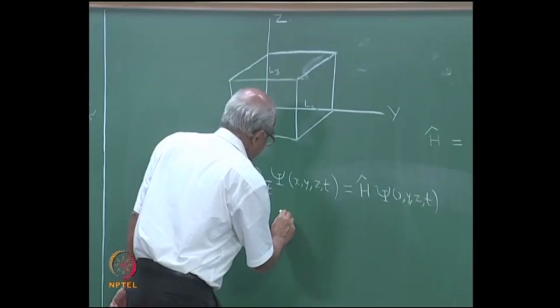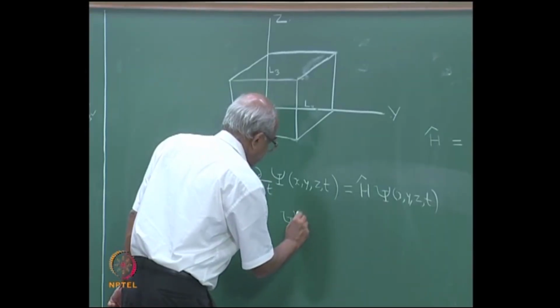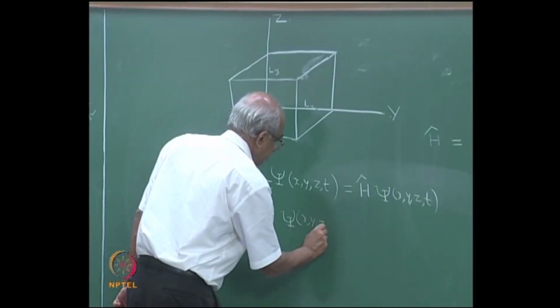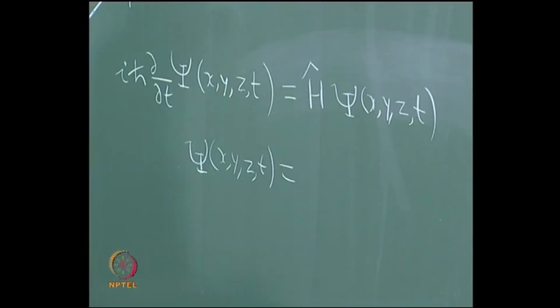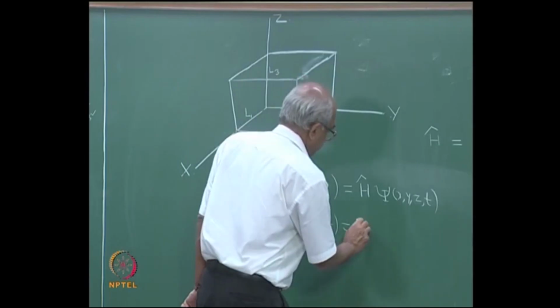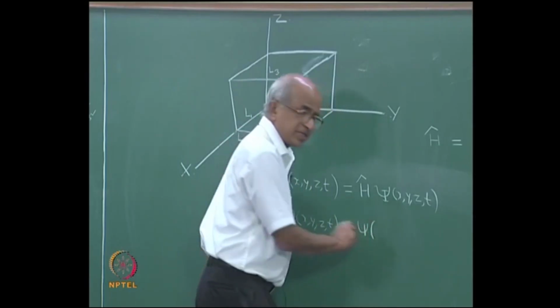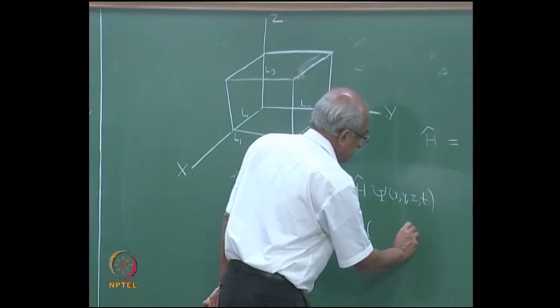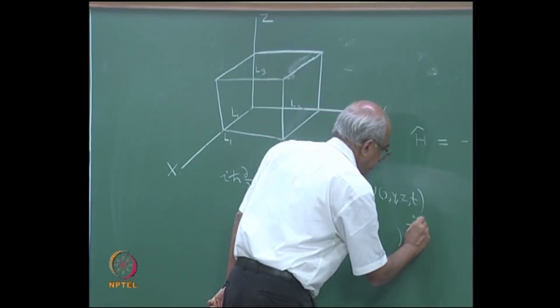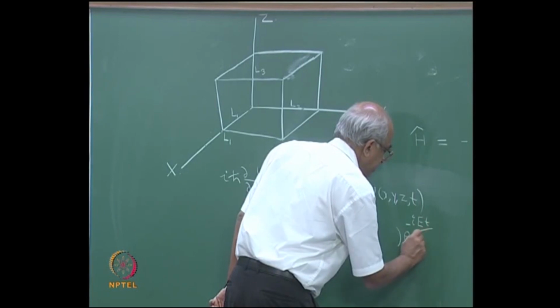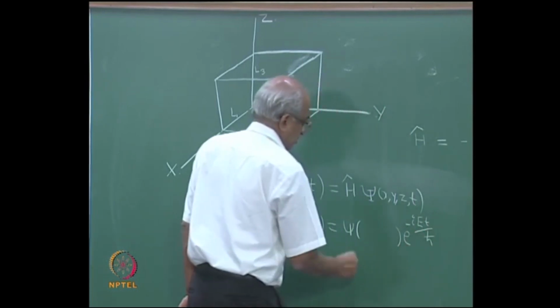but then you can say okay, this capital psi(x, y, z, t) may be separated as a product of two functions. The first one depending only upon the spatial coordinates, and the second part we know what it is, e to the power of minus iEt by h cross.